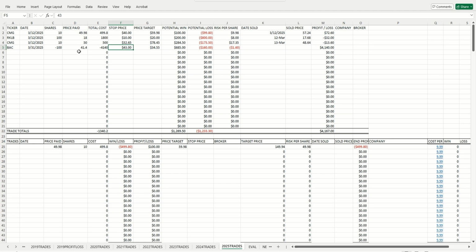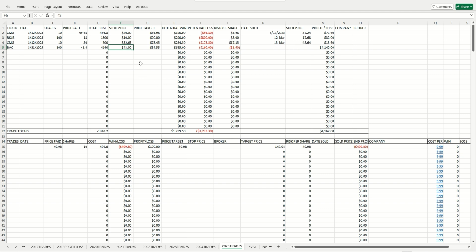But anyway, so we're here. We got our price target, we got our potential win and our potential loss. We got our risk per share, $1.60 per share, and our date sold, we haven't sold it yet. And our sold price, we haven't got that as well. So now we're in the trade, so now we need to wait for the trade to happen, and then we'll come and fill in the rest of this.